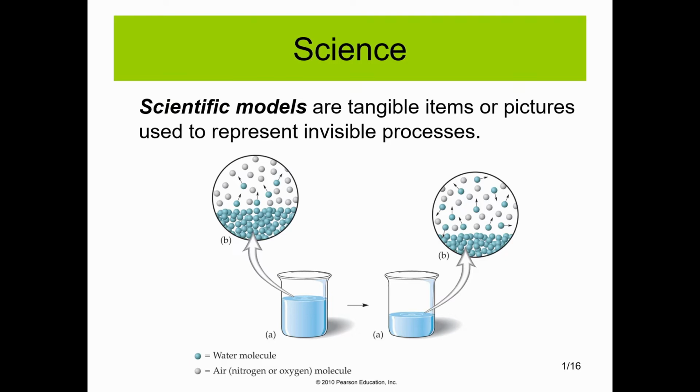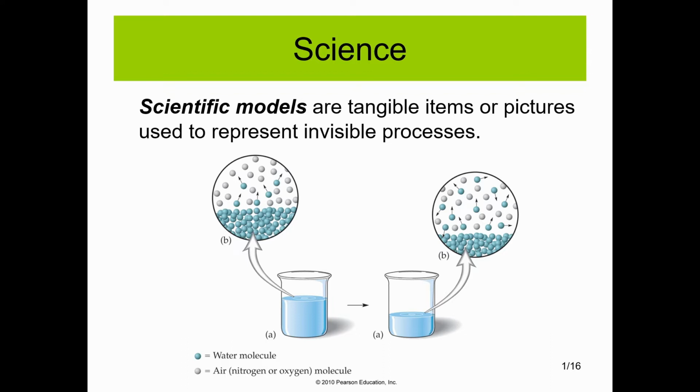Over time, that leads to the second picture, on the right, where the water level is lower, meaning more of the water molecules have mixed into the air with the nitrogen and oxygen.